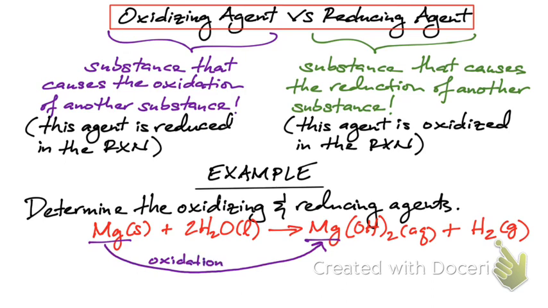We determined that in the previous example. And water, H2O, is the one that undergoes the reduction reaction. And so, because magnesium is the one that's being oxidized, then this is the reducing agent. Okay? And water here is the one that's being reduced in the process, so it must be the oxidizing agent.